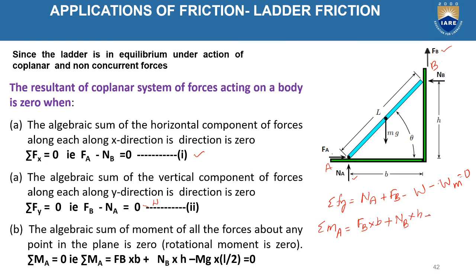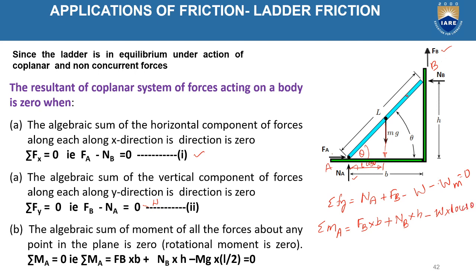Minus W, the weight of the ladder, the perpendicular distance becomes L cos theta.